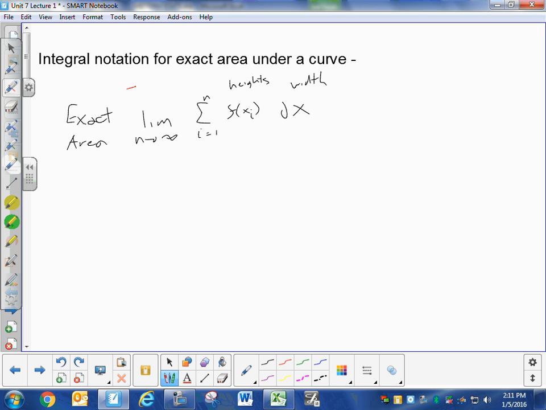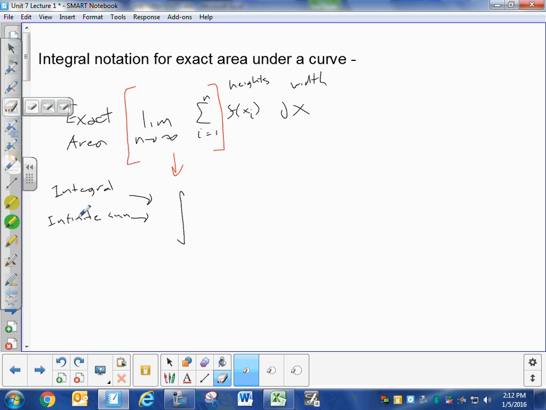So they said, let's take this part of this formula and shorten it. And let's make it a tall, skinny f. Okay? This is called an integral. It is an infinite sum. It can be used in different applications of things.